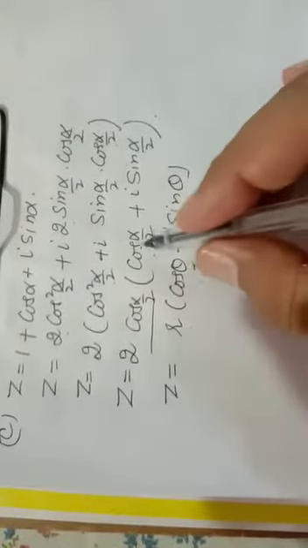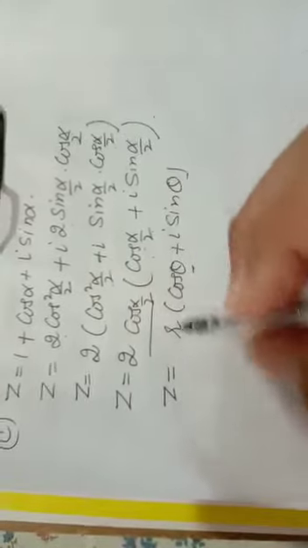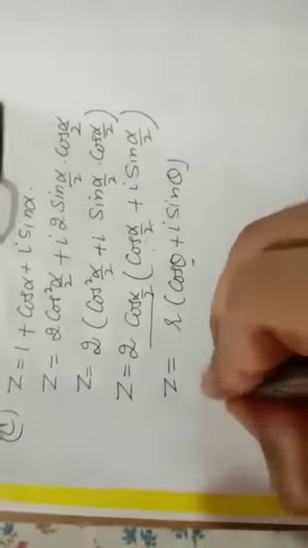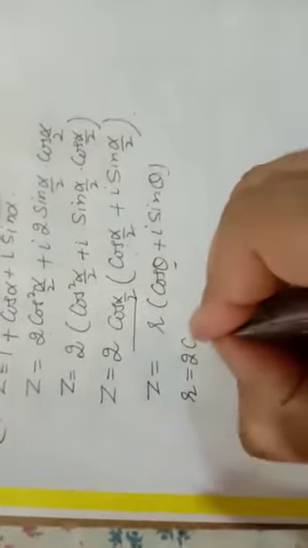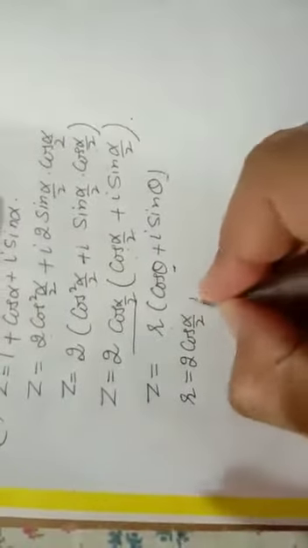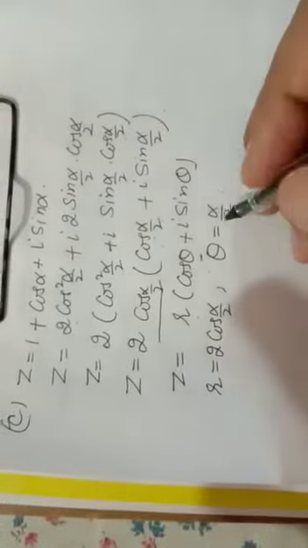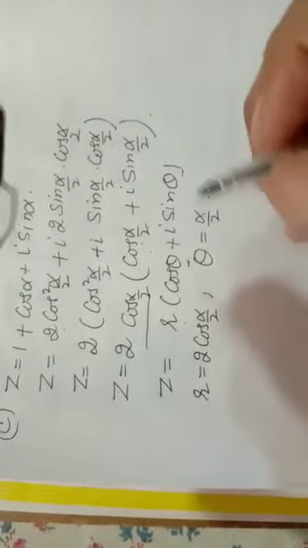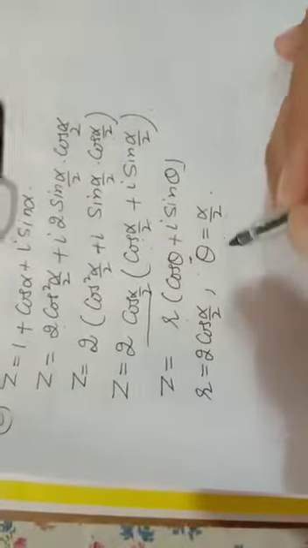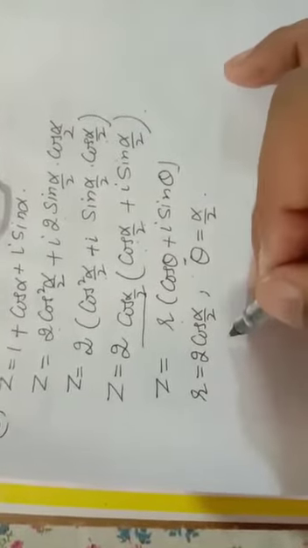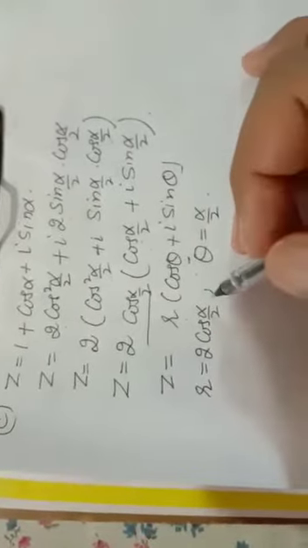So θ = α/2. Here r = 2 cos α/2 and θ = α/2. So this is the solution for that question: the argument is α/2 and the modulus is 2 cos α/2.